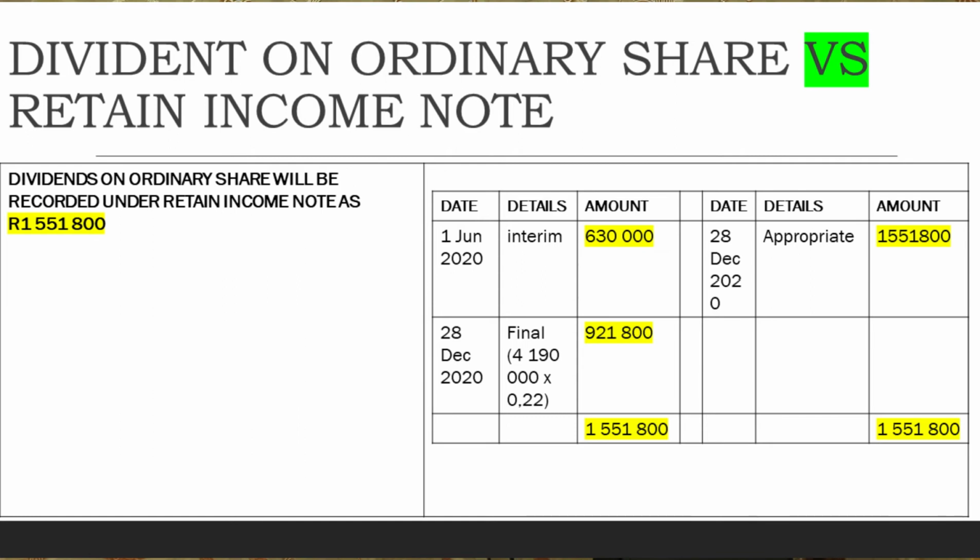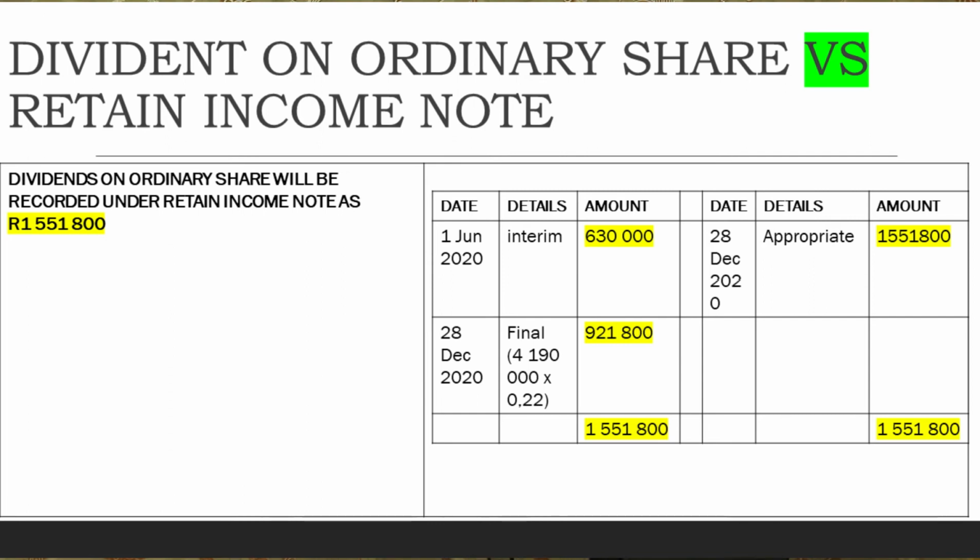And then you're gonna add your interim 630,000 plus your 921,800, and then you're gonna get how much? 1,551,800. That 1,551,800, you must balance your equation. What happens to your left side, it must happen to your right hand side.